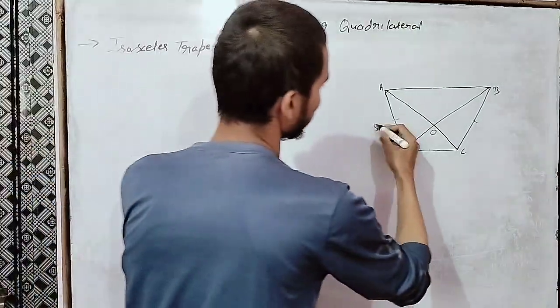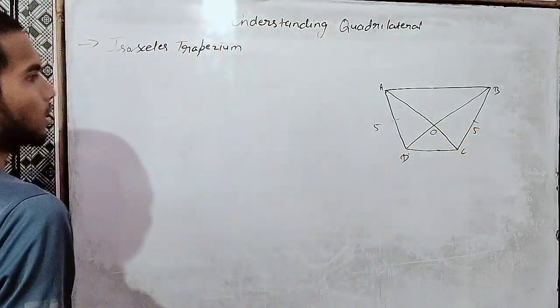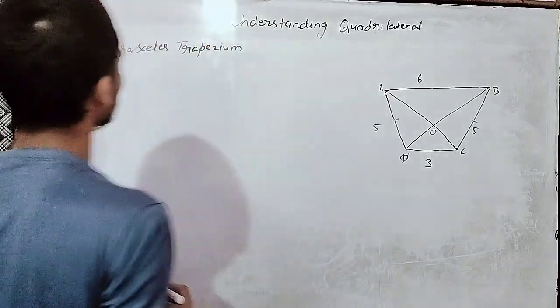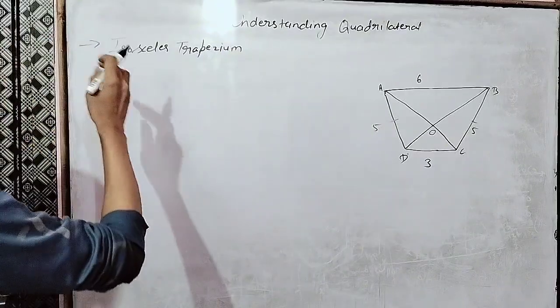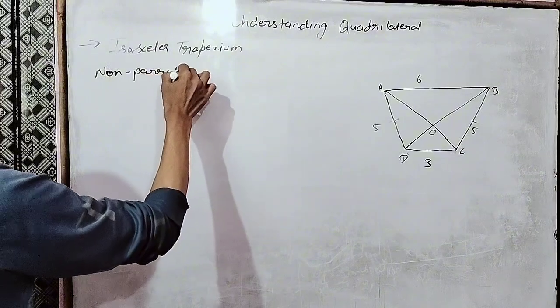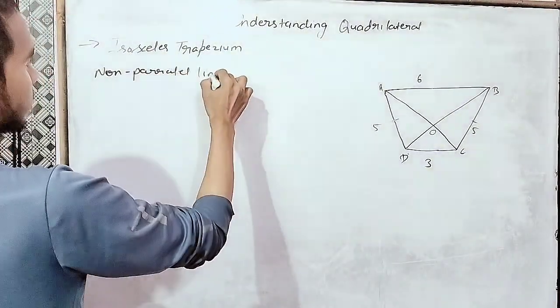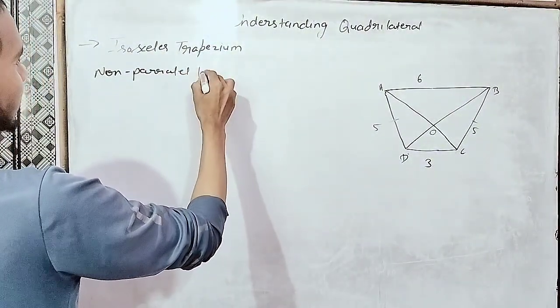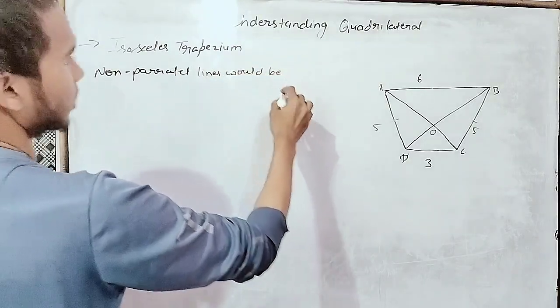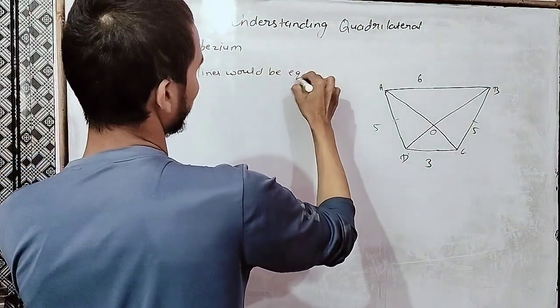So this is 5, of course this would be 5, and this would be 4, and this 6, 3. Isosceles. Non-parallel lines would be equal.